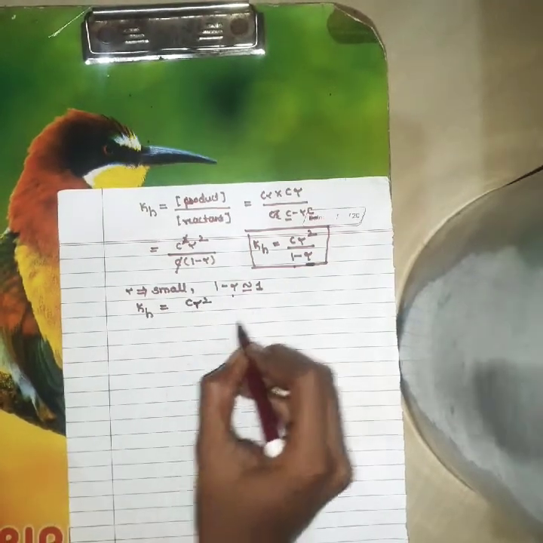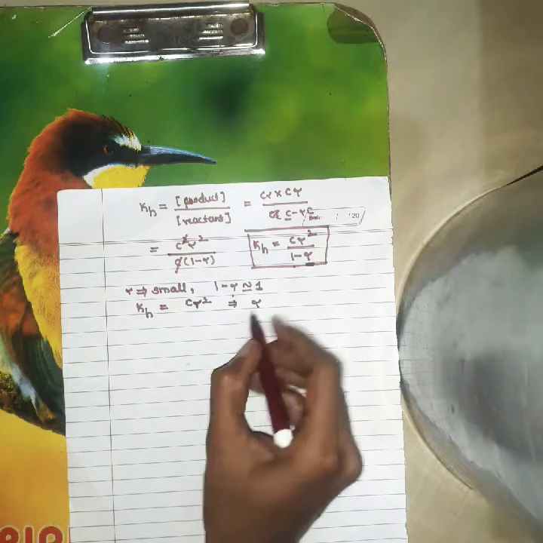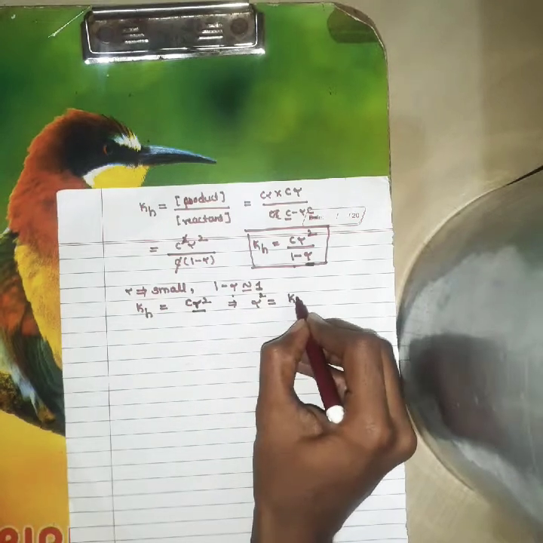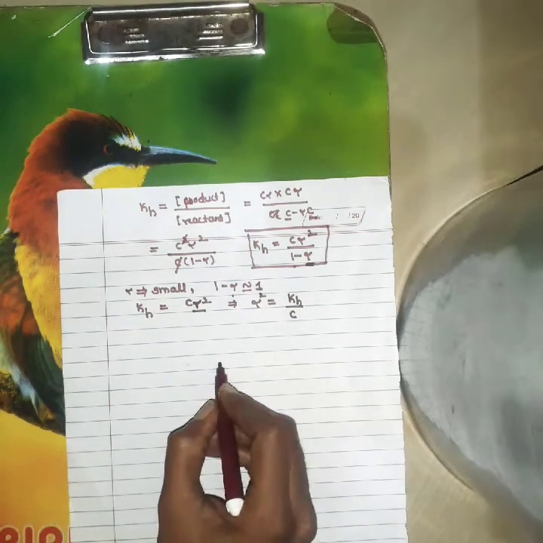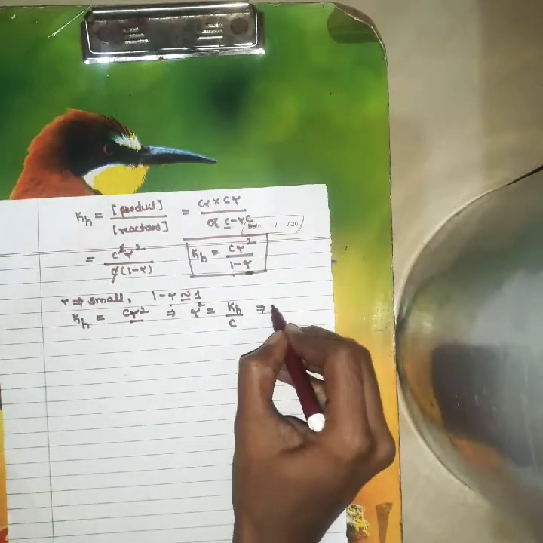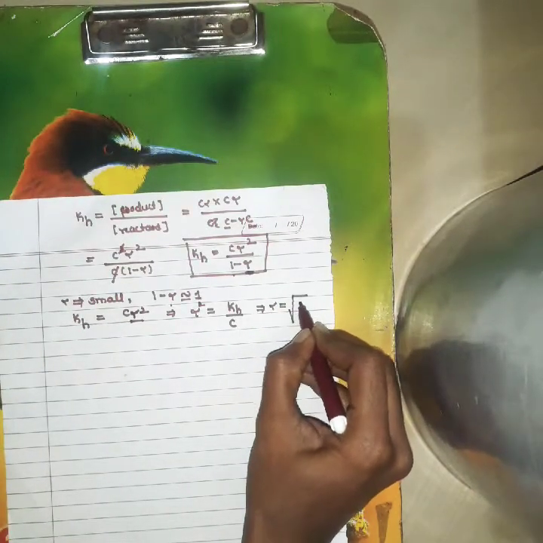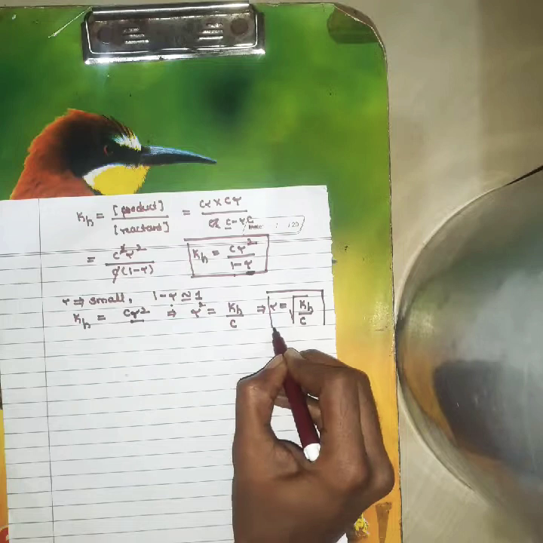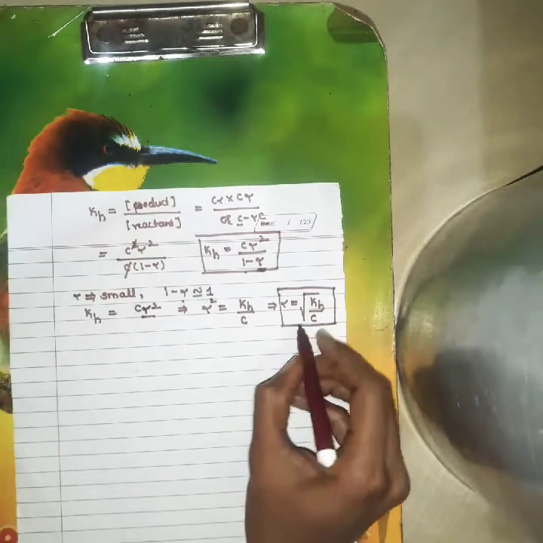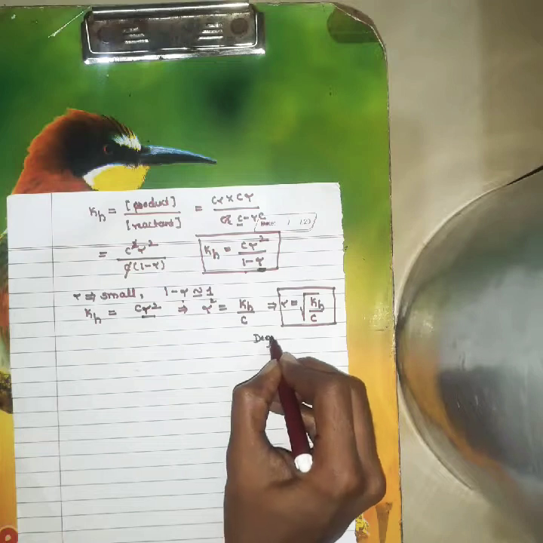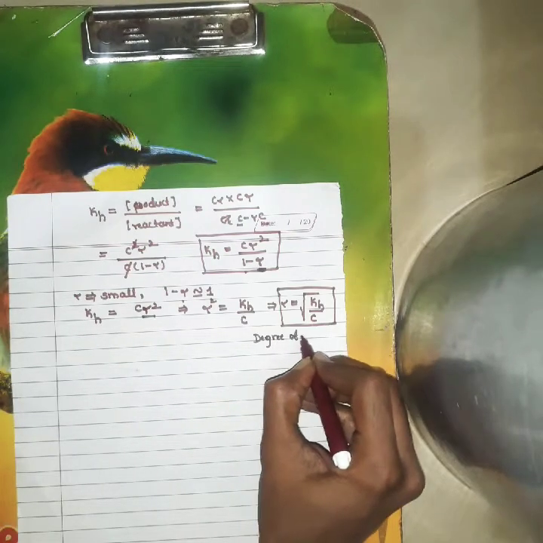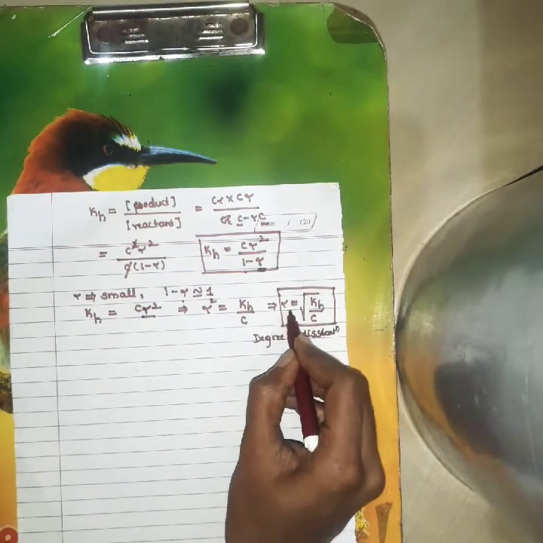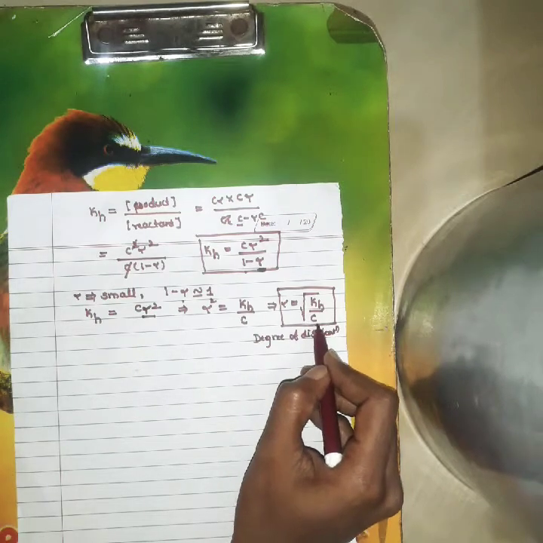This implies alpha square is equal to Kh divided by C, so alpha is equal to the square root of Kh divided by C. This is the formula for determination of degree of dissociation or degree of hydrolysis.